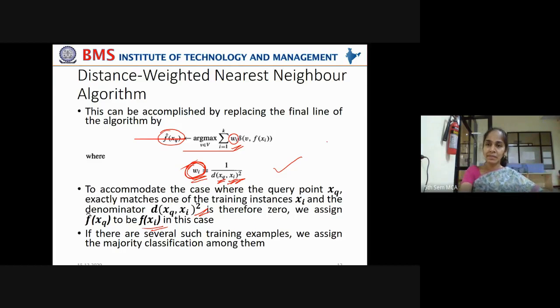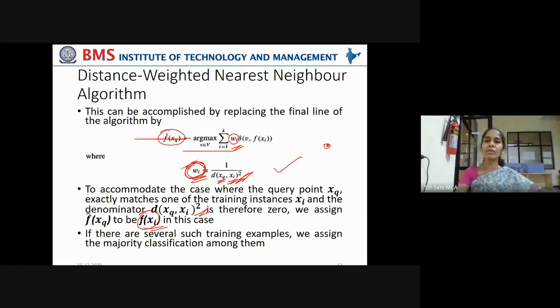Say there is a new instance which is being compared with an existing instance which is at the same place. In that case, there is no distance difference between them. Both are lying at the same point. In that case, this denominator will become 0. When this denominator becomes 0, will the weight become infinite? No. In that case, f cap of xq can simply be f of xi.